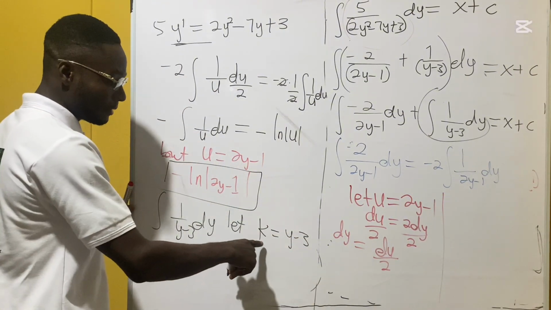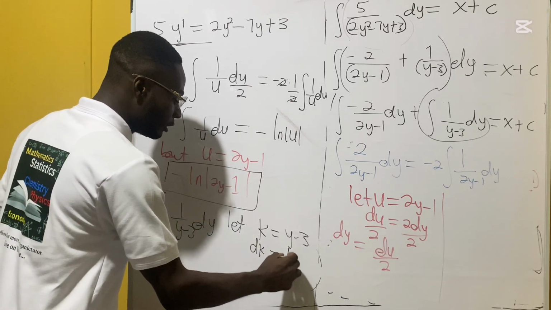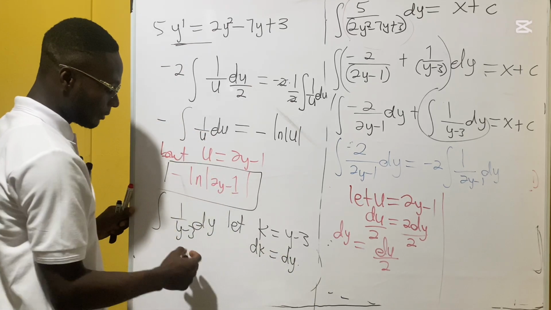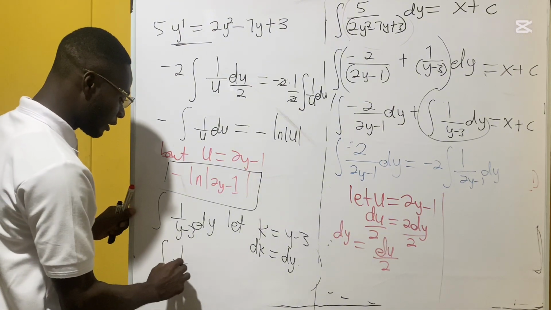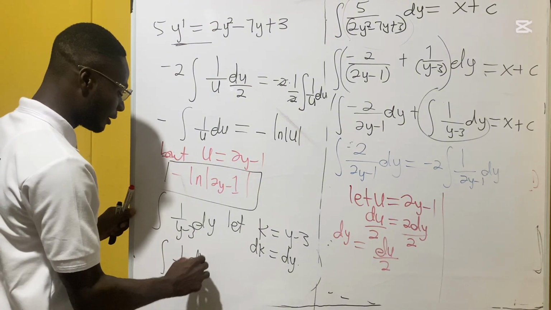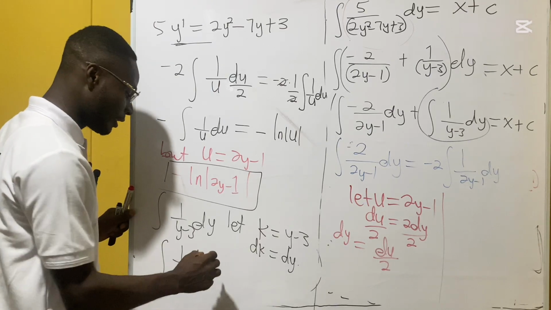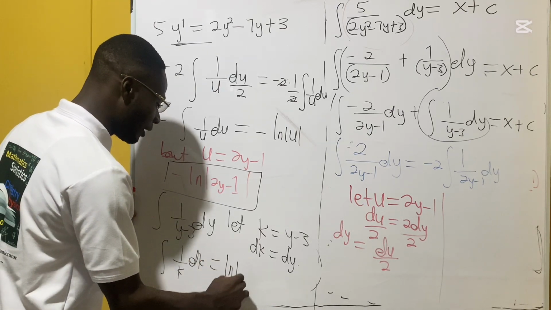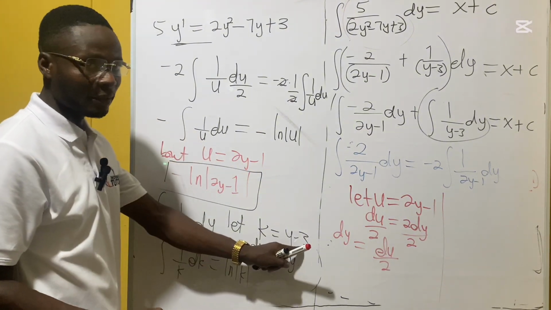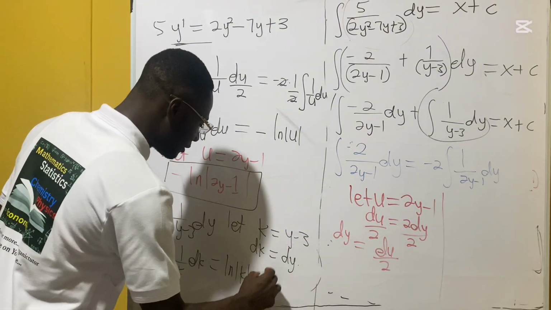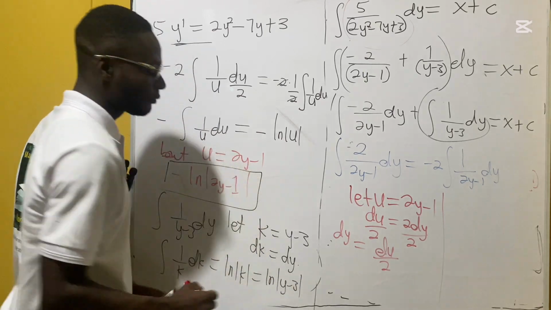Differentiating both sides, we have dk equals dy. So let's do the substitution here. This is now k, and dy is dk. Integrating 1 on k is ln k, so we have ln absolute k. But we said that k should be equal to y minus 3, so we have this equals ln absolute y minus 3.